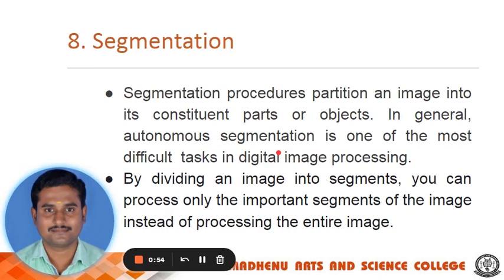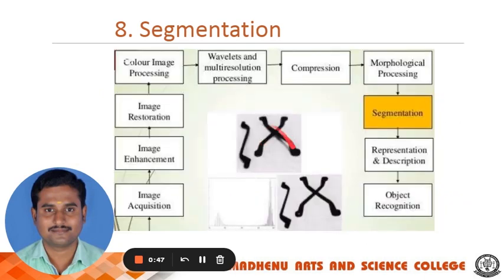When you divide the image, it is easy to apply all the techniques. Here is the image segmented. This is the raw image. In the segmentation, this portion is segmented, this portion is divided, and this portion of the picture is extracted here.